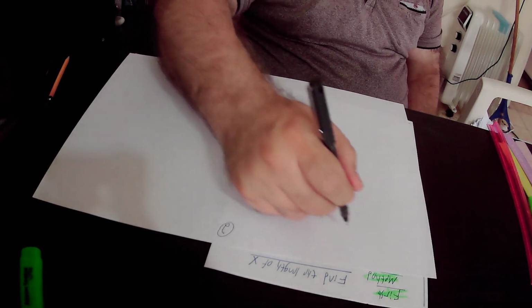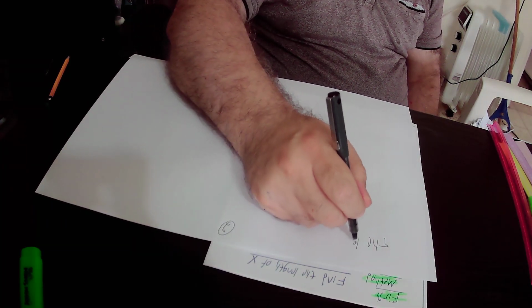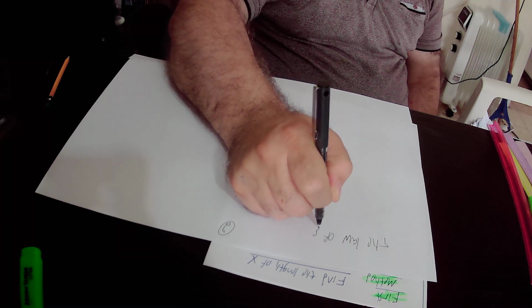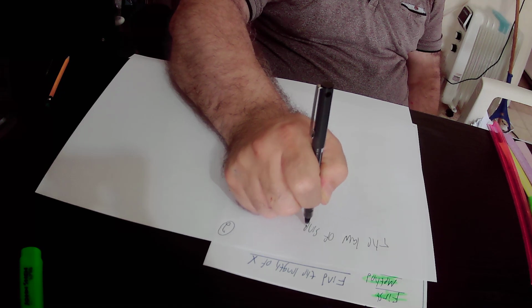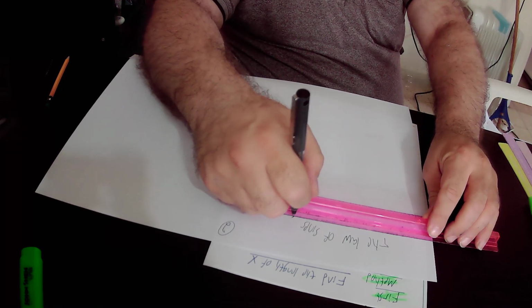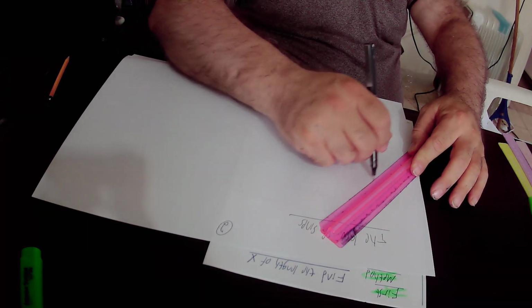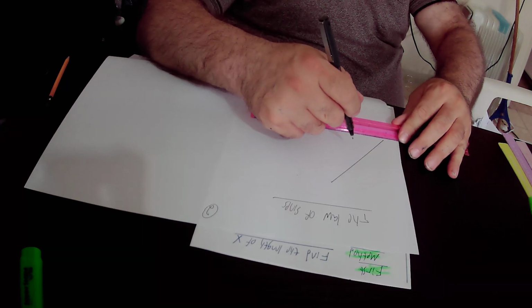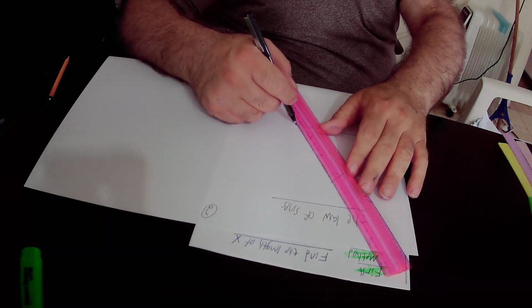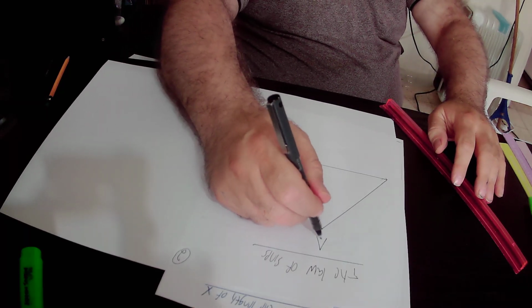So if you have triangle ABC, that could be any triangle.